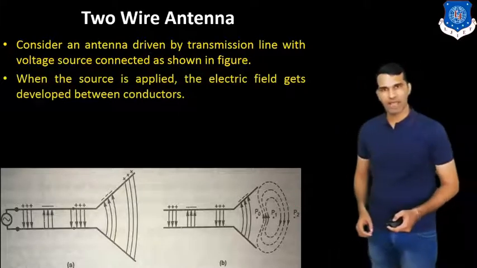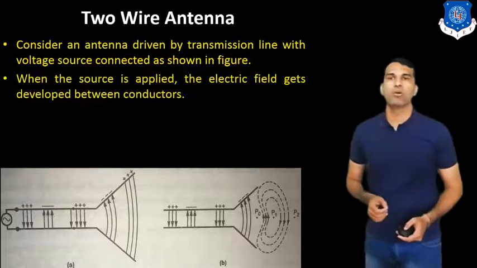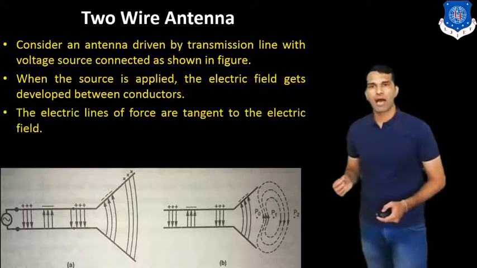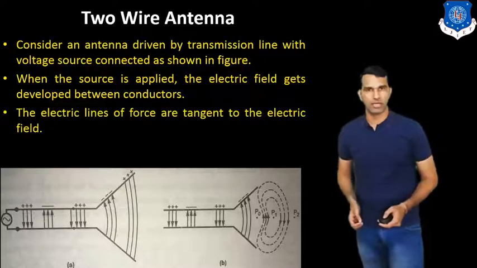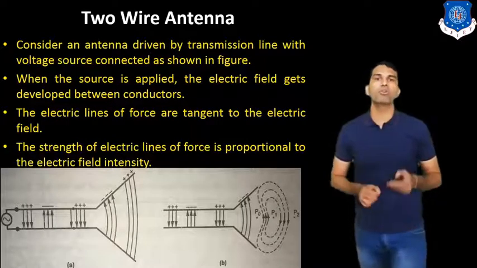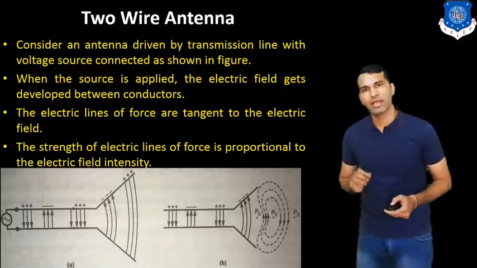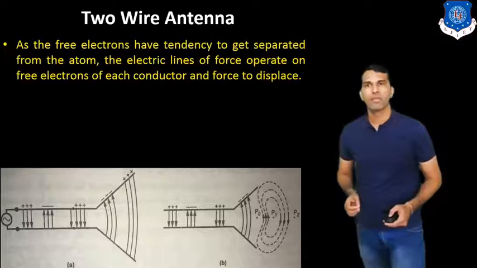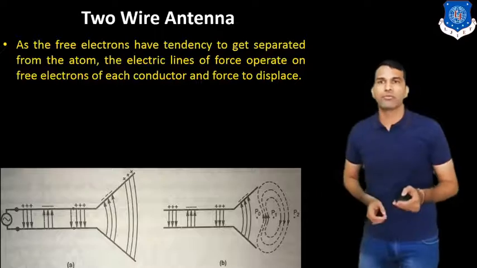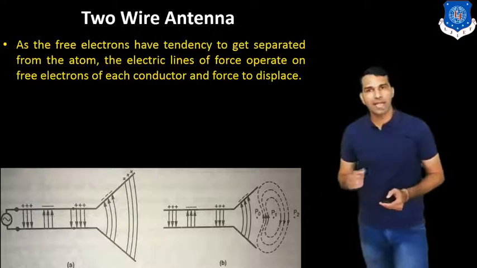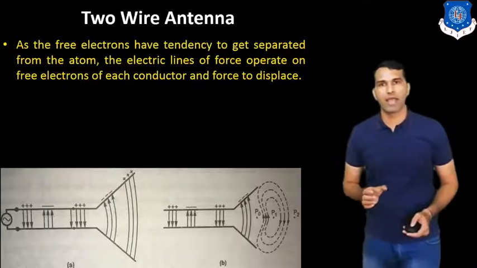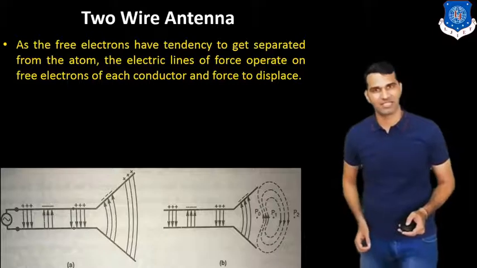When the source is applied, the electric field gets developed between the conductors. The electric lines of force are tangent to the electric field. The strength of the electric line of force is proportional to the electric field intensity. As free electrons have a tendency to separate from the atom, the electric lines of force act on the free electrons of each conductor and force them to displace.